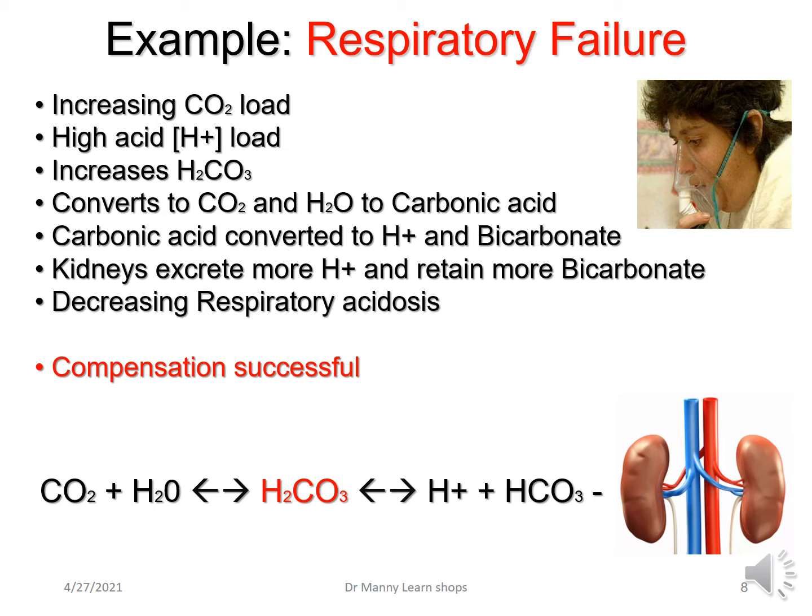However, the CO2 and water as carbonic acid can be converted to hydrogen ions and bicarbonate ions, and the kidneys then excrete more hydrogen ions and retain more bicarbonate ions. As a consequence, this decreases the respiratory acidosis. Compensation becomes successful.